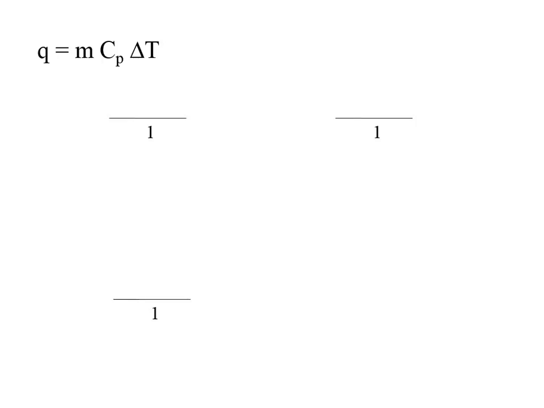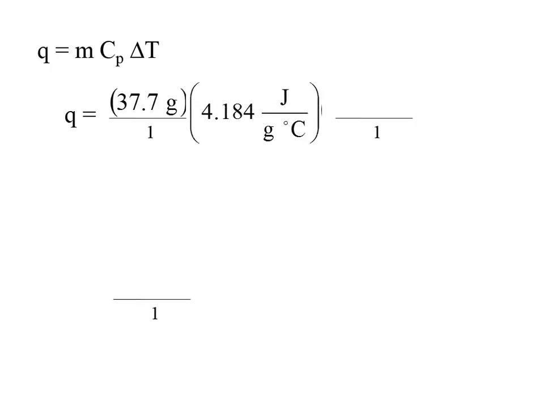Now we're ready to plug in. Yay. Q is equal to M, so 37.7 grams. I put it over 1 because I love to see those units cancel, and that makes it best. C sub P is that 4.184 joules over grams degrees Celsius. And that delta T we came up with was negative 46.8 degrees Celsius. So grams cancel, degrees Celsius cancel, and we're left with units of joules.